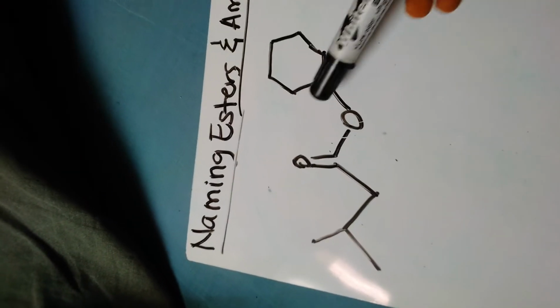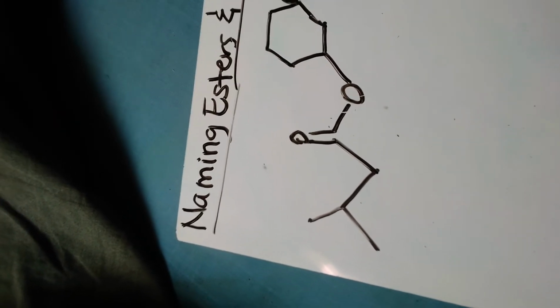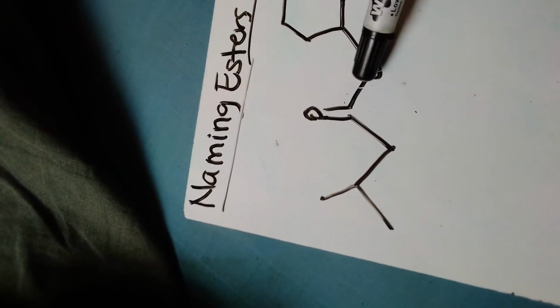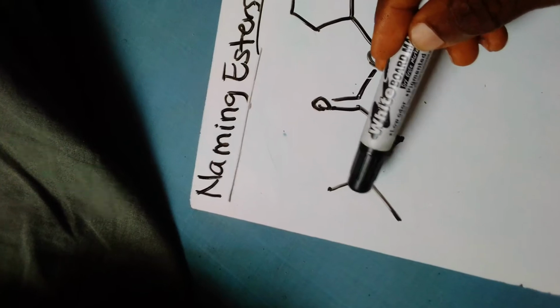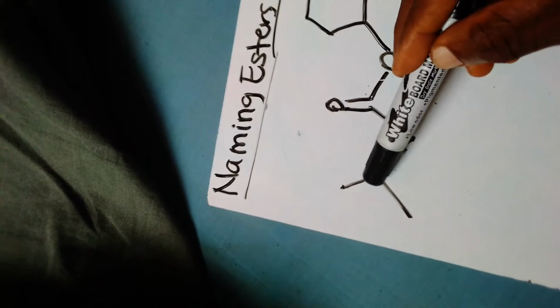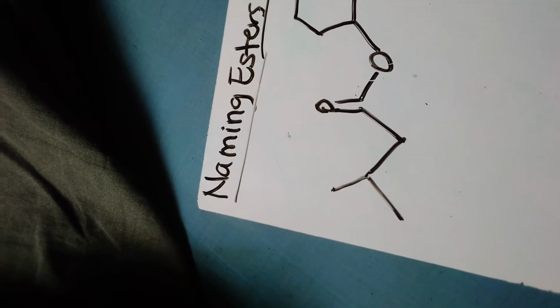So when you blend all, the cyclohexanol becomes an alkyl group, so you get cyclohexyl. Then coming here, you realize that here's carbon 1, carbon 2, carbon 3, carbon 4. So the methyl group is on carbon 3 of the butanoic acid.